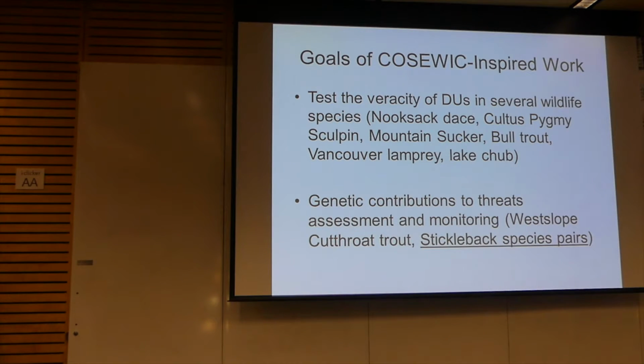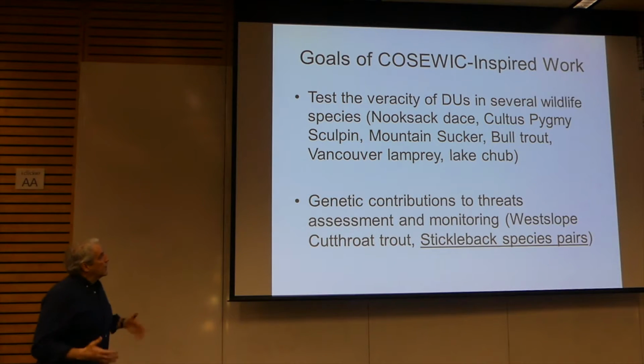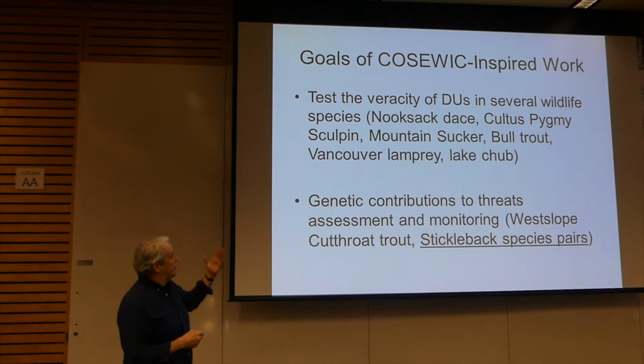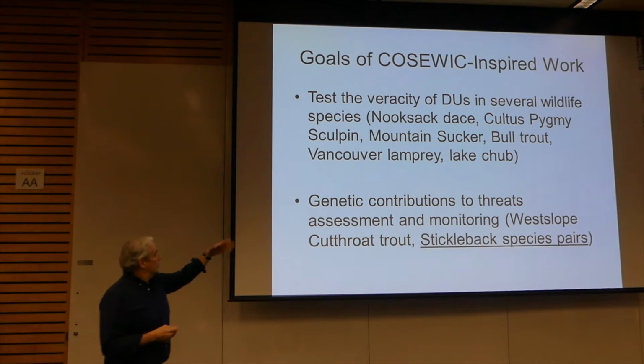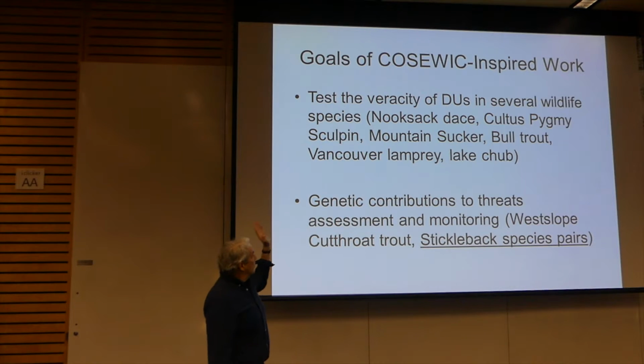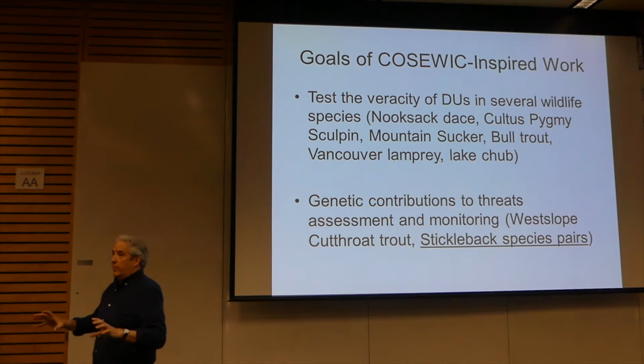Okay, so that's the general background, and the goal of my COSEWIC-inspired work, which forms part of what I do in my lab, is essentially to test the veracity of DUs in several wildlife species. I've got several listed here that we've all worked on, from Nooksack dace to lake chub. Many of these single taxa have multiple designatable units.